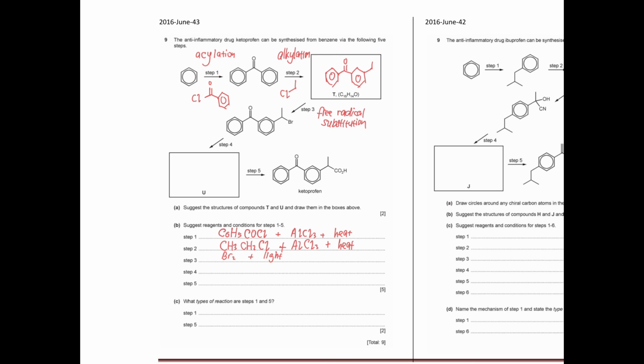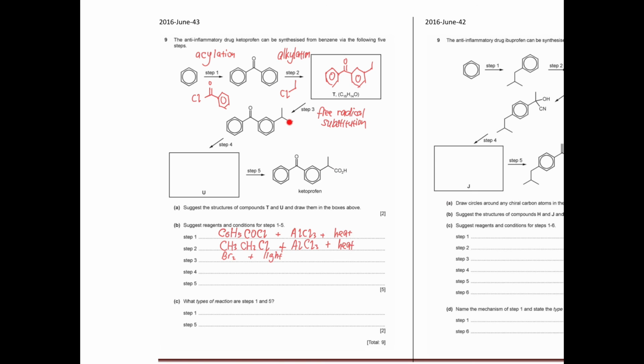Now let's move on. Once they form this, they have to form something called structure U. What is structure U? No hints, so you have to look forward, use the future to predict the present. At the end, they form COOH. Previously, they formed Br, now COOH.